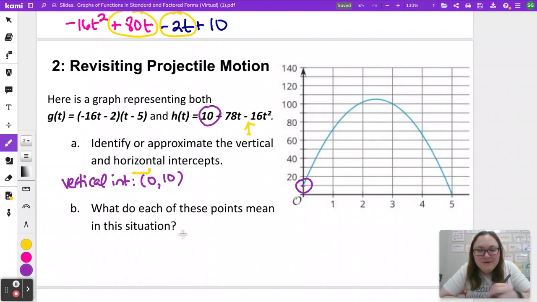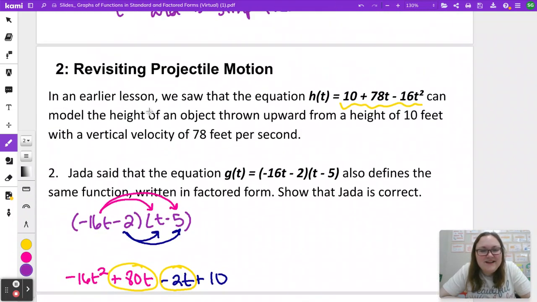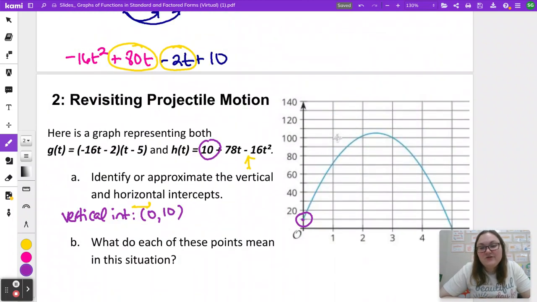situation? We were actually told in the story. If you come back up to that story, it says this equation models the height of an object thrown upwards from a height of 10 feet with a vertical velocity of 78 feet per second. That 10 is right here. It is not just the height of the object, because the height is changing, right? When you throw an object, the height changes over time, but it is the starting height.